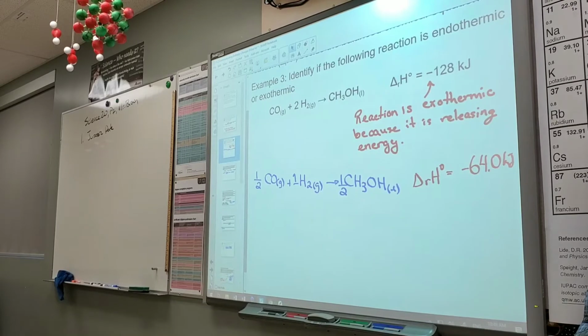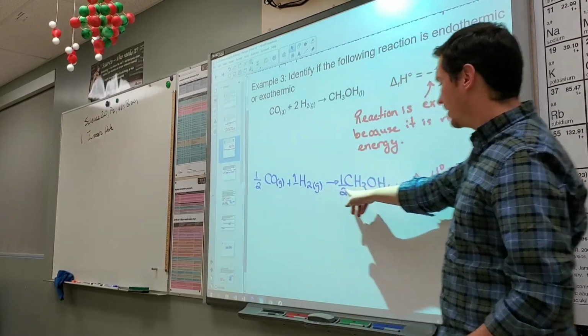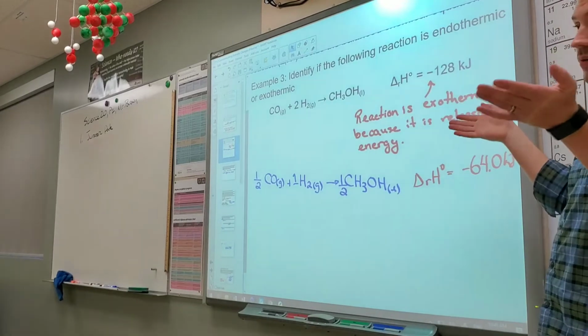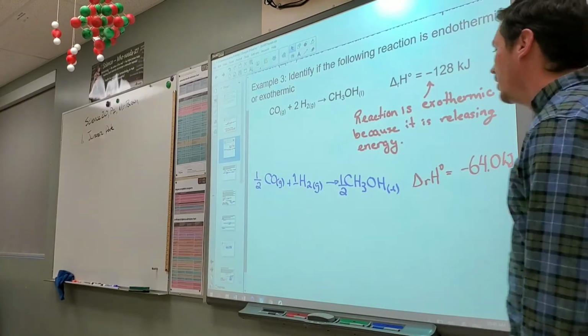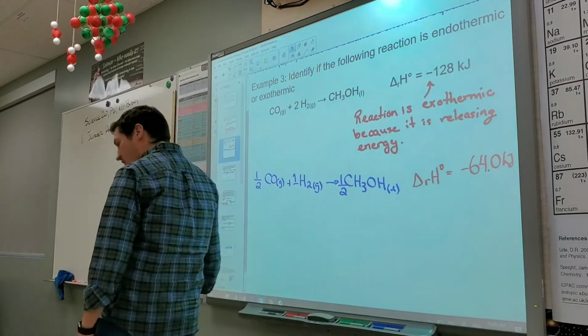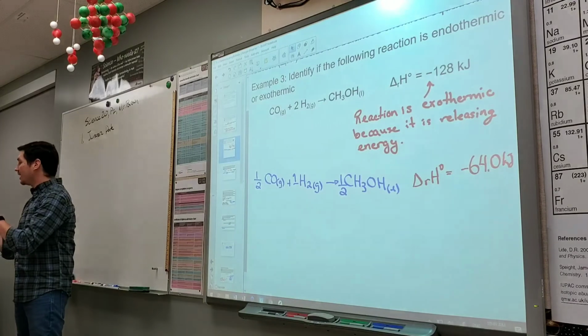Does that kind of make sense? If you have half of the chemical amount reacting, then you will release or absorb half of the energy. So that's 2 ways of communicating enthalpy changes.